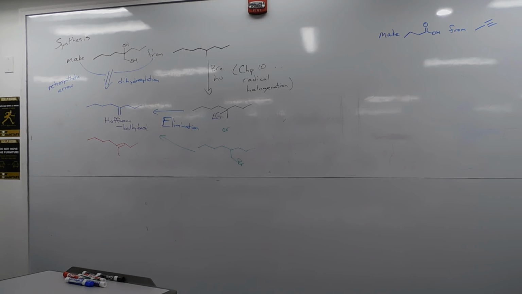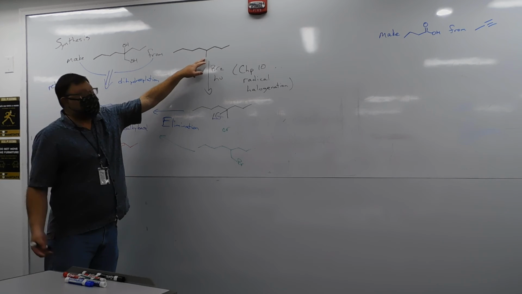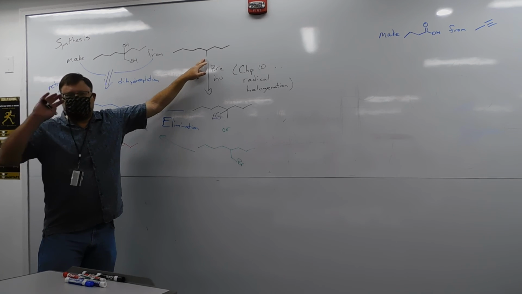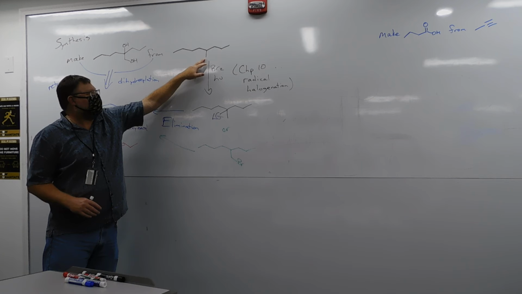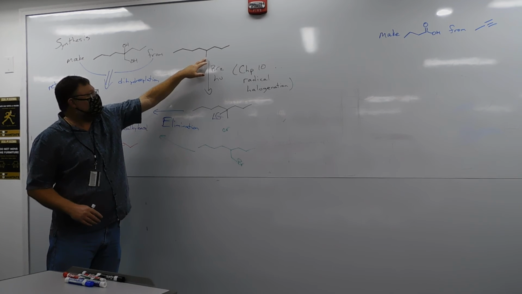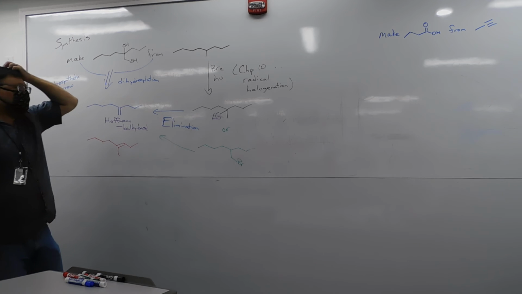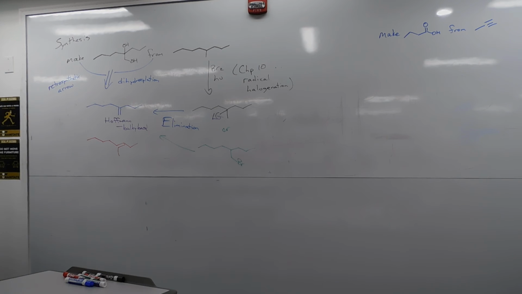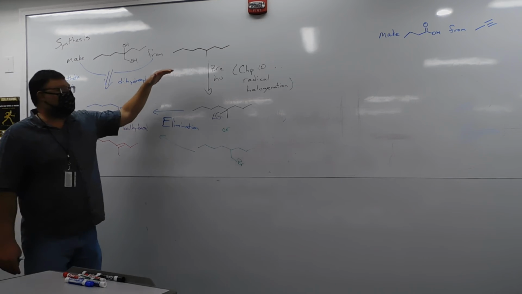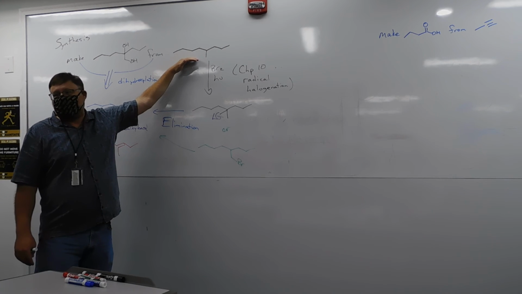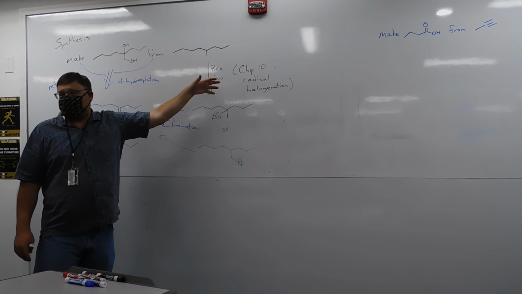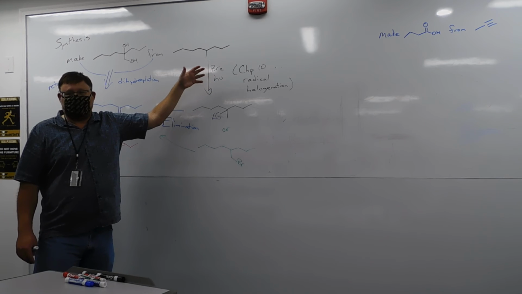Rearrangement, you have to have a carbocation to do a rearrangement. Let me talk a little bit about how you can answer these questions. If you had a primary carbocation there, you'd get a rearrangement to the tertiary cation, and then bromide might add in. But there's no way for that alkane to just make a carbocation. So if you see a synthesis problem that starts with an alkane, you essentially have to do a radical halogenation.